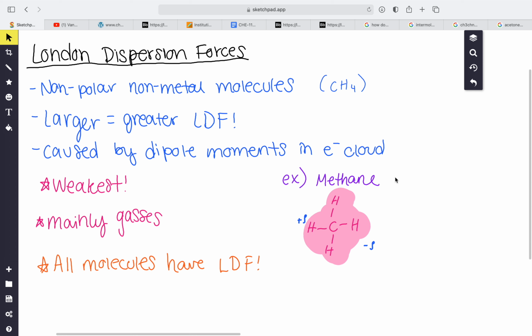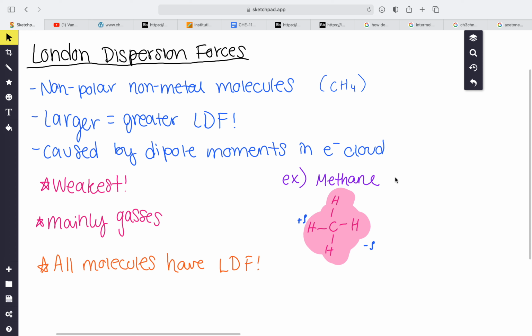And then I also want to add a little note there that all molecules have London dispersion forces. The reason why all of them have London dispersion forces is because all of them have electron clouds, so all of them are capable of having dipole moments.